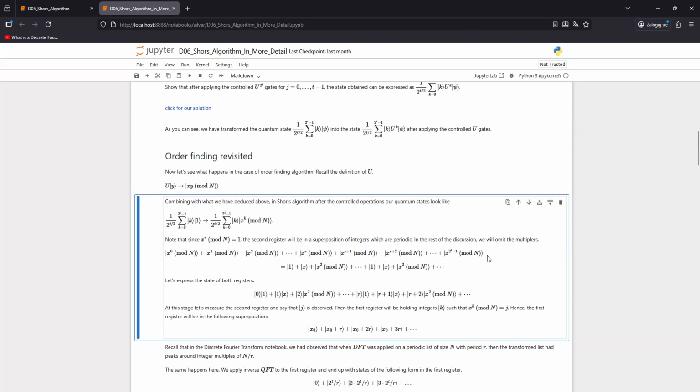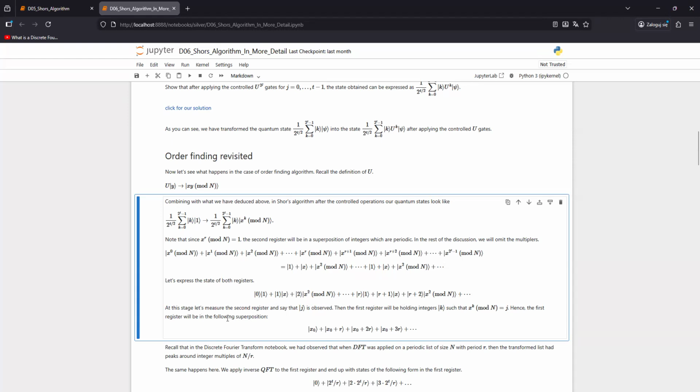So we have the integers listed one by one. And here we have the second register: we have 1, then x squared, remainder of n, and then we start again.